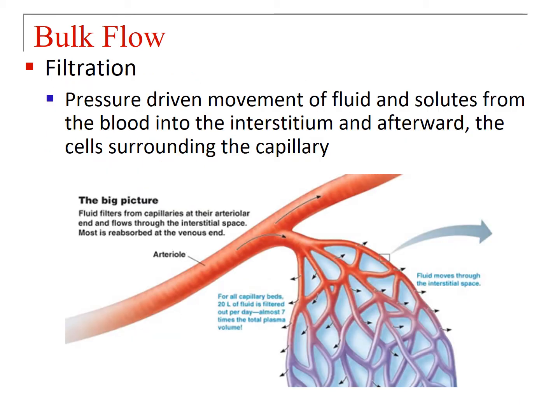Now I've just defined filtration, and this is the pressure-driven movement of fluid and solutes from blood into the interstitial fluid. After these materials move into the interstitial fluid, they will move into the cells surrounding the capillary. But it's not actually pressure-driven movement that does this.